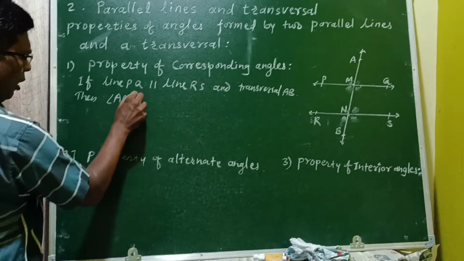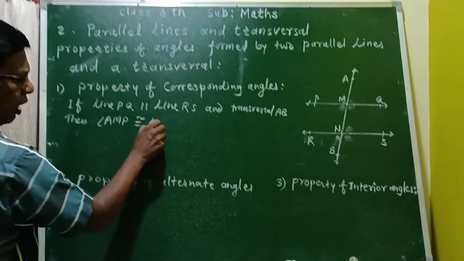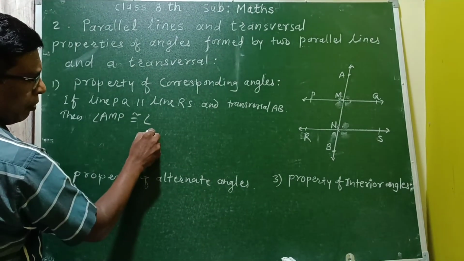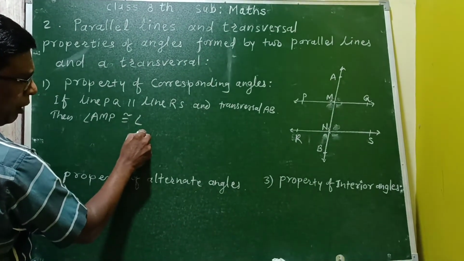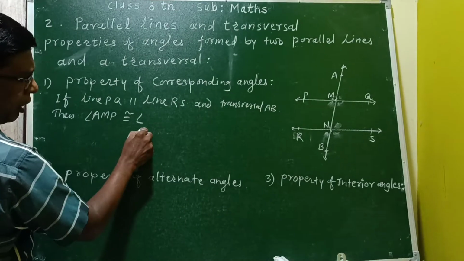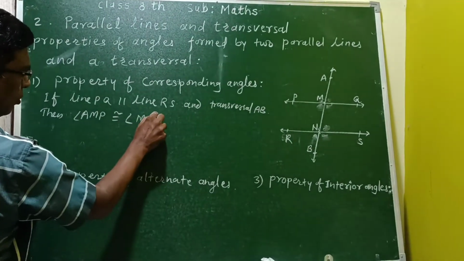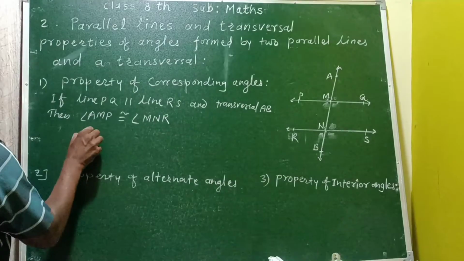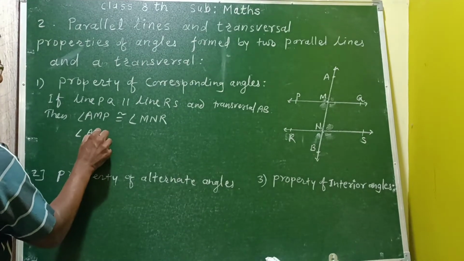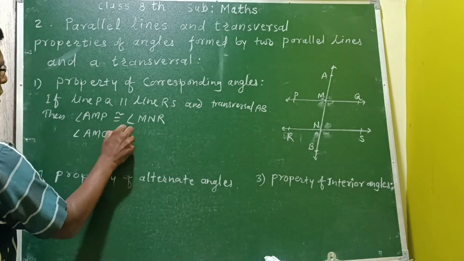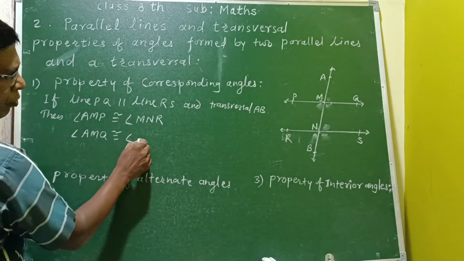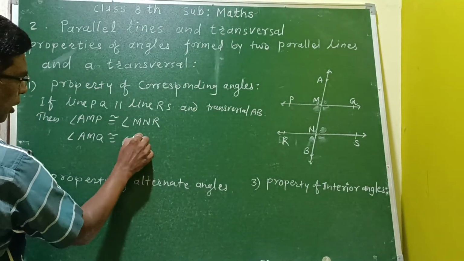Angle AMP is congruent to angle MNR. Second, angle AMQ is congruent to angle MNS.